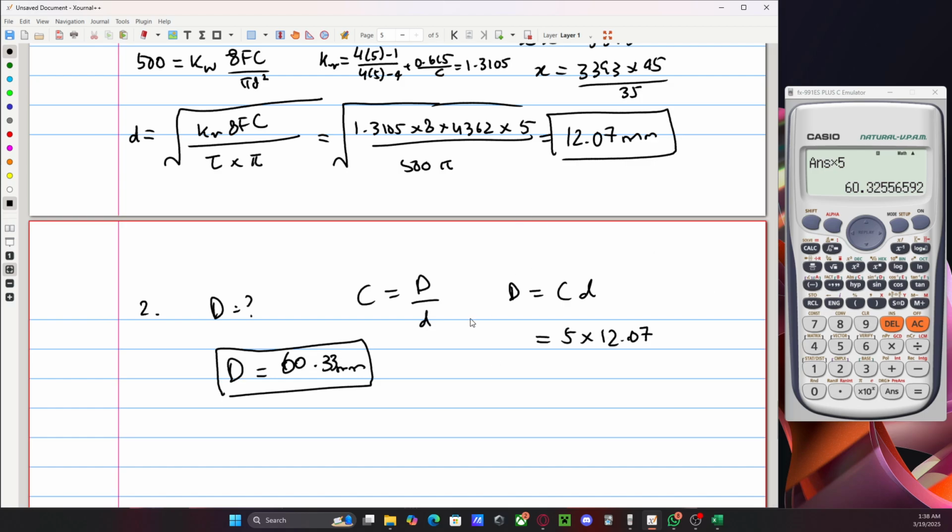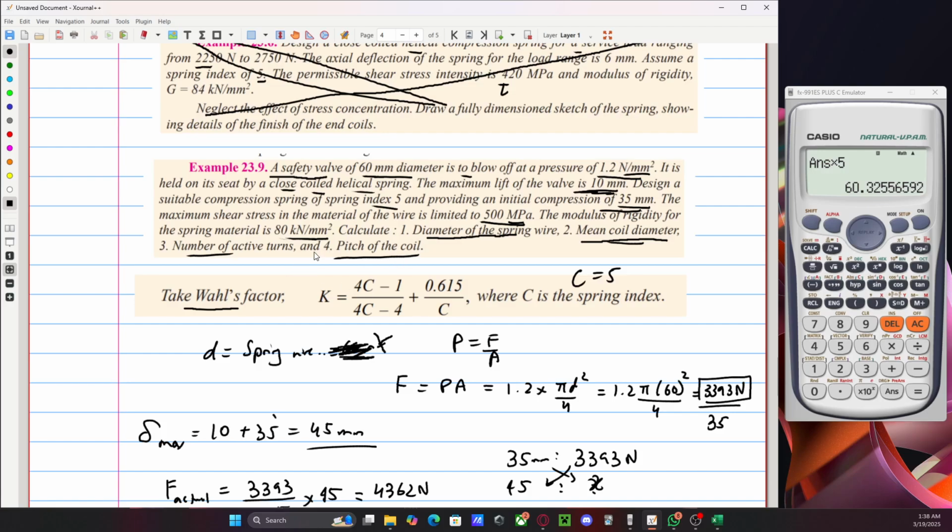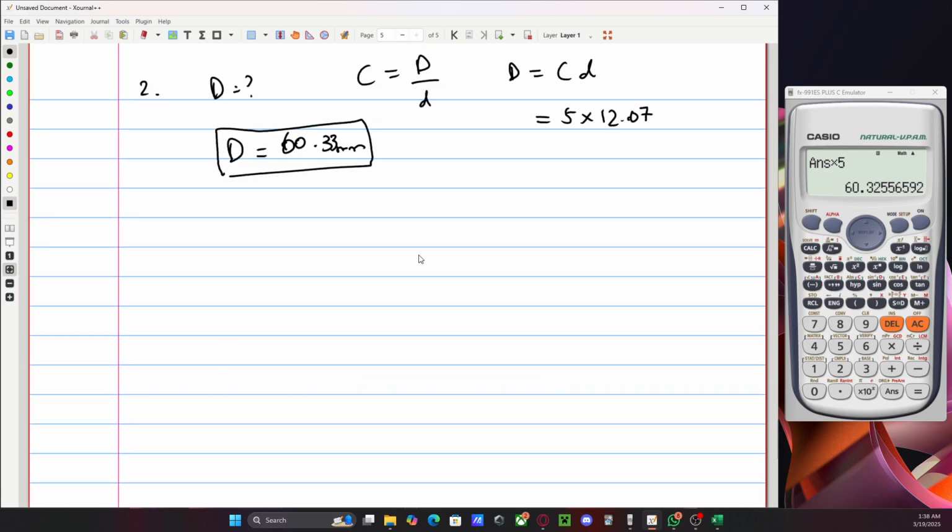Now we have to work out the number of active turns and the pitch of the coil. Again, if you remember, we started with F equals K delta X, and then we got delta X, or delta, is equal to 8F C cubed N over G d. We want to work out N, so we rewrite this: N equals G d over 8F C cubed.